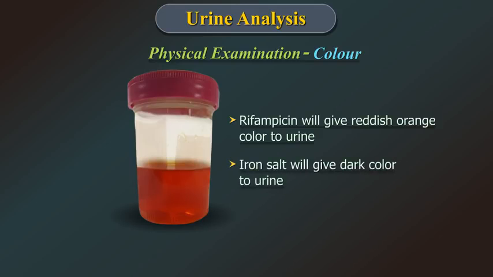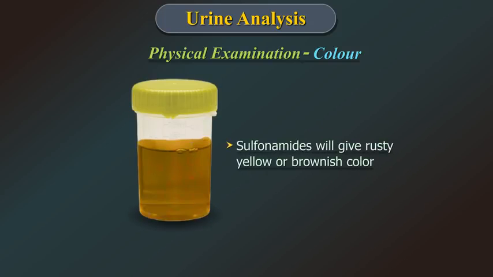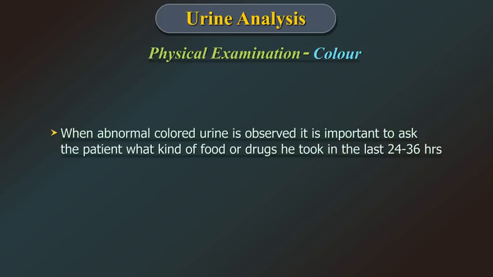Iron salt will give dark color to urine. Sulfonamides give rusty yellow or brownish color. Therefore, when abnormal colored urine is observed, it is important to ask the patient what kind of food he consumed in the last 24 to 36 hours and whether he used drugs or not.